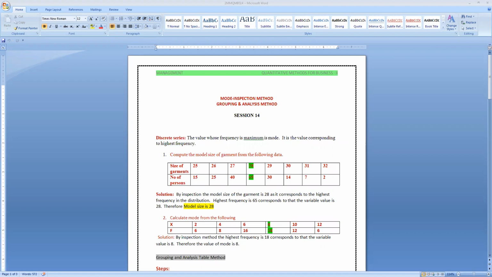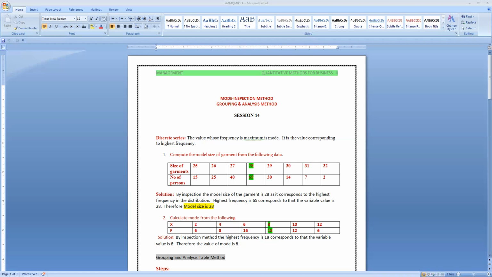In the previous session, we discussed the calculation of mode, that too in the individual series by the inspection method only. Let us go for calculating the value of mode in discrete series, both by the inspection method as well as the grouping and analysis method.